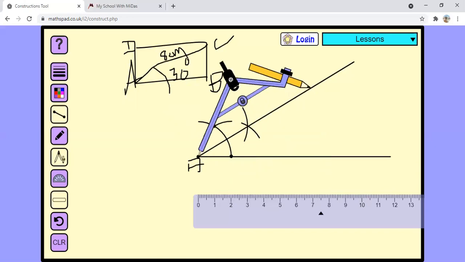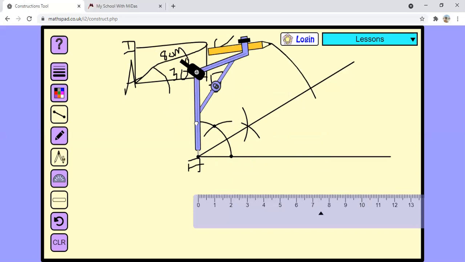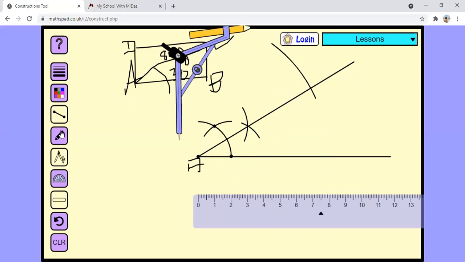The point where it cuts is C. You can give the name C here, because the length of the diagonal from A to C is 8 centimeters.